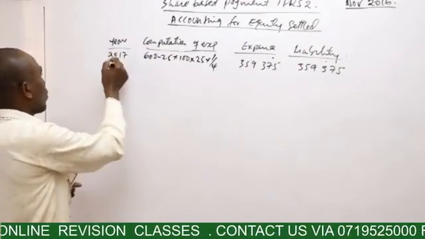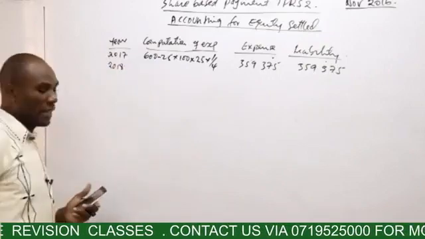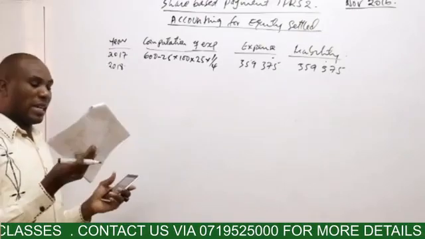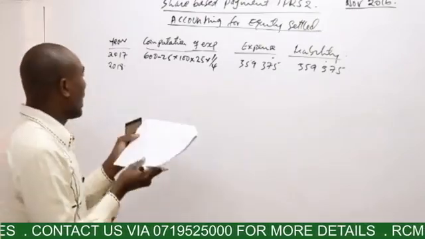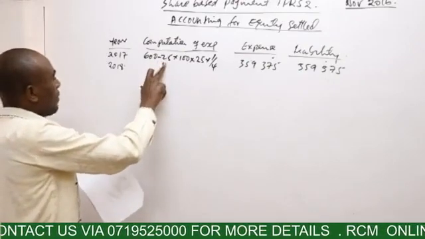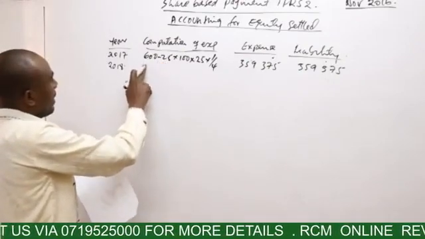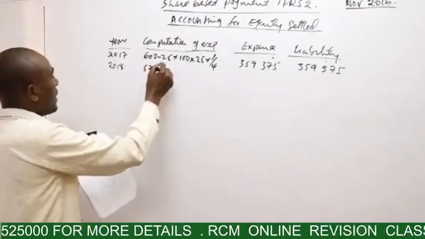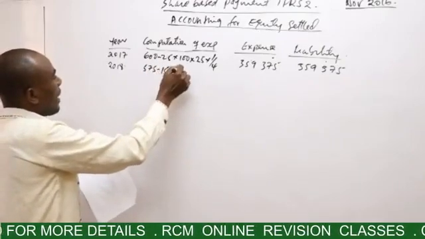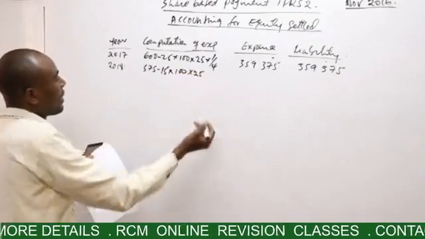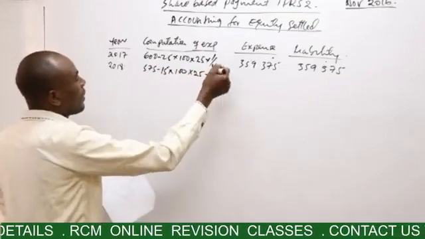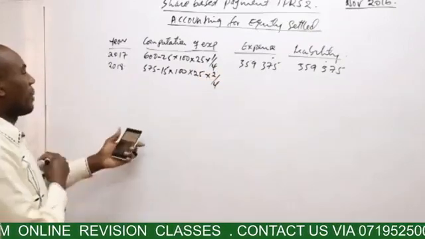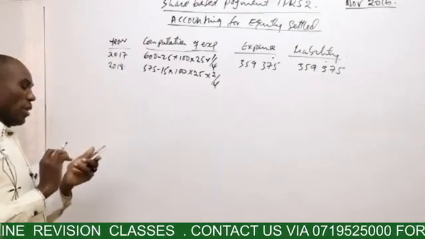Then we come to year 2, 2018. In year 2018, good students, we have 25 employees already left. Therefore, we have 575 employees here. 575 minus, in year 2018, 15 leave. Then we multiply by 100 times 25, the fair value at grant, times the cumulative liability of 2 years, 2/4.